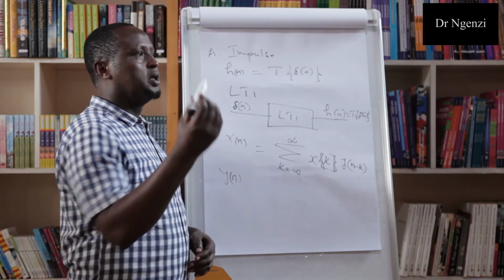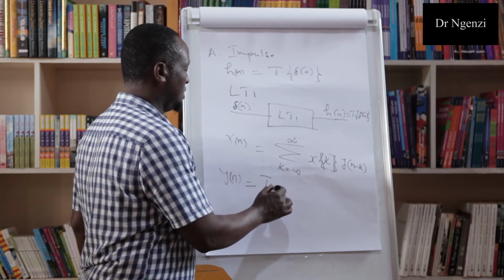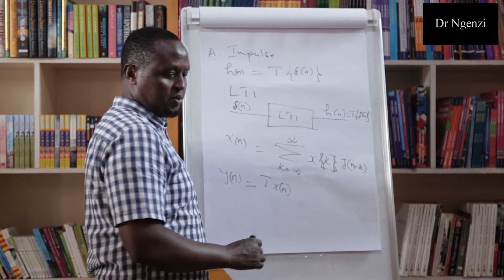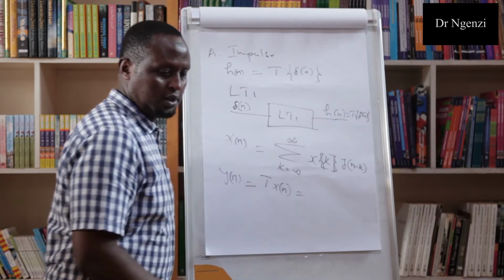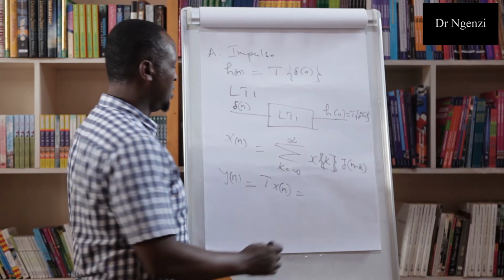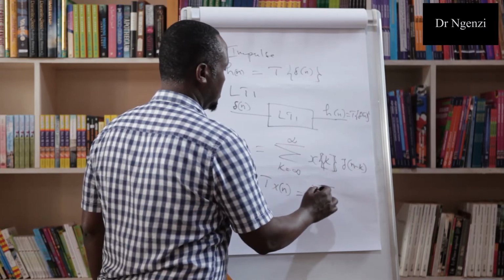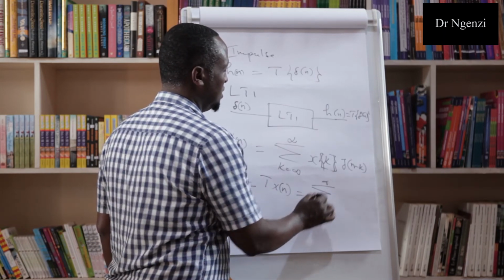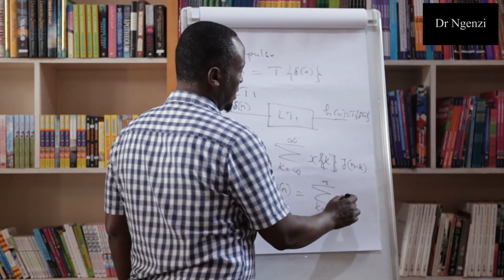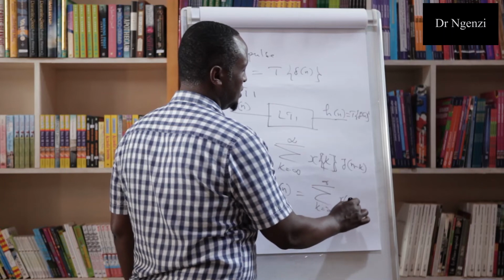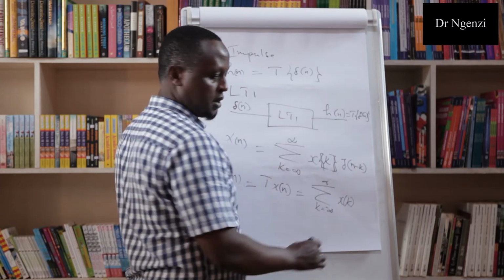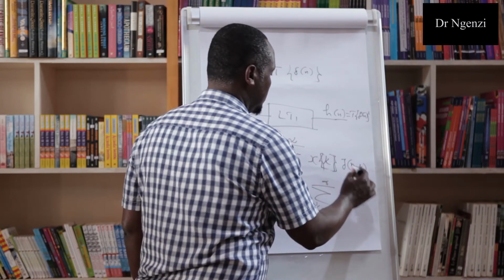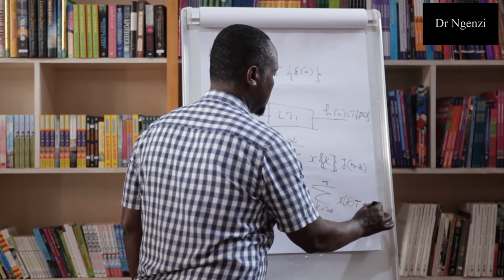So the response y of the system is going to be, you apply the transformation T to x of n in this case, which will look like, for example, the normal case that we have seen, the summation of k ranging from negative infinity to infinity of x of k, of course, multiplied by the transformation of these values, for example, x of n minus k, like this.